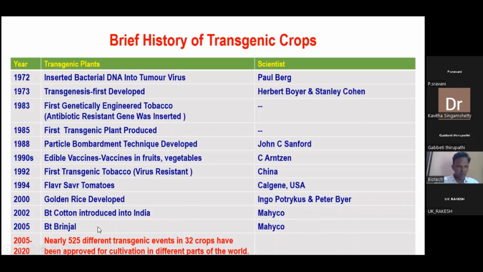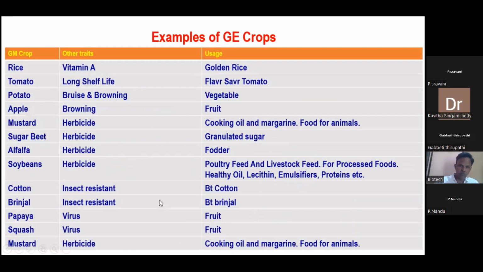And in 2005, BT brinjal, again Mahyco. Between 2005 and 2020, nearly 525 transgenic events have taken place in 32 crops. 32 crops today have transgenics, and they're cultivated in different parts of the world, mostly in US and Brazil and China and other parts of the world. So this is the history of transgenic crops that have been developed.